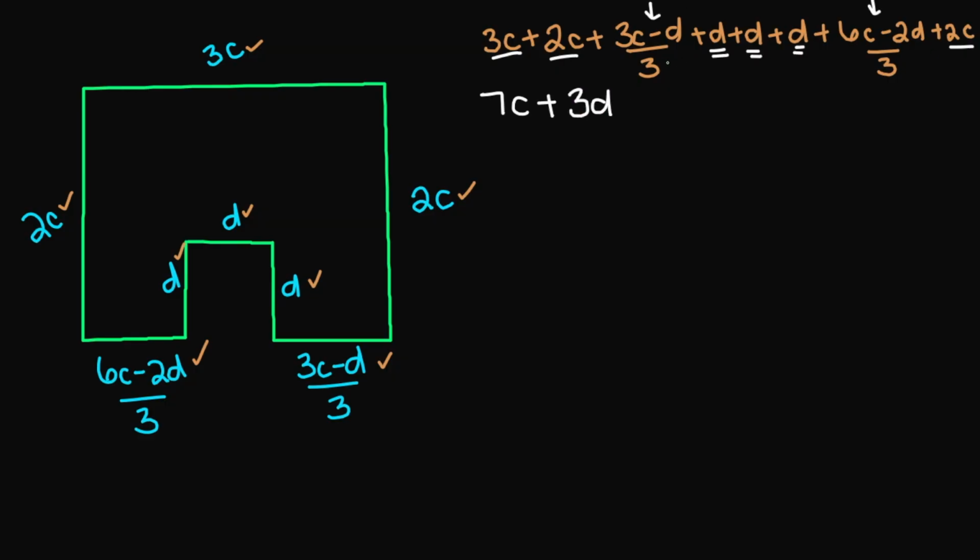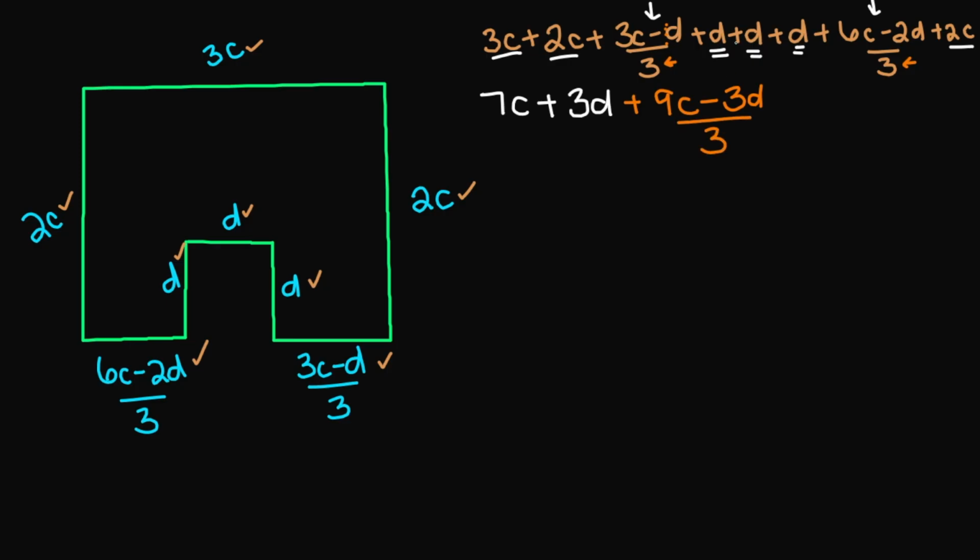And then notice here that your expressions have the same denominator. If your denominators are the same, then you can go ahead and combine your numerators. So 3c plus 6c, this is going to be 9c, minus negative 1 minus 2, that's going to be a negative 3d, and all of that is going to be over 3.